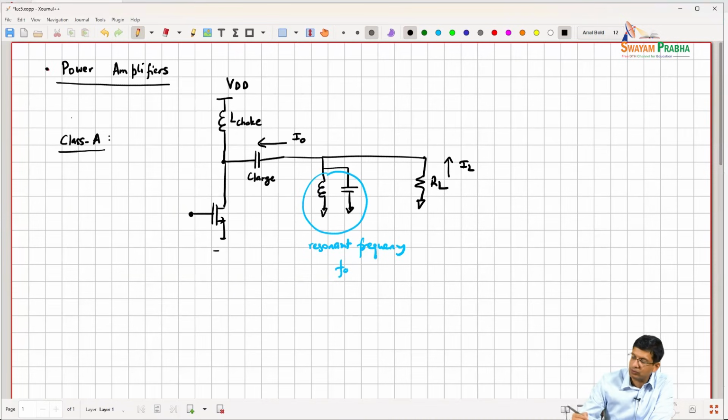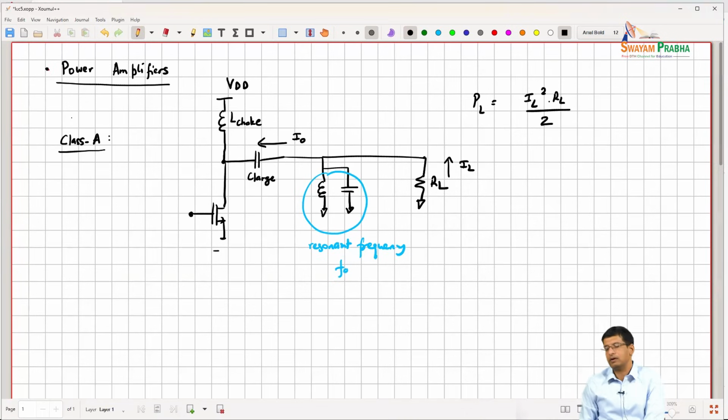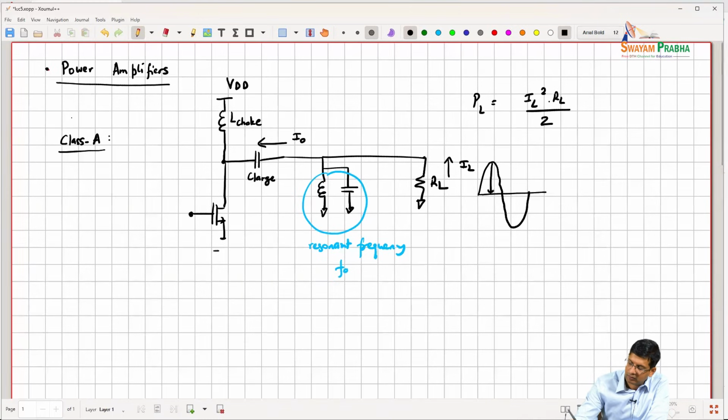So, we know that the power that will be delivered in the load is IL squared RL divided by 2, where IL is effectively the amplitude of the sinusoid at F0.